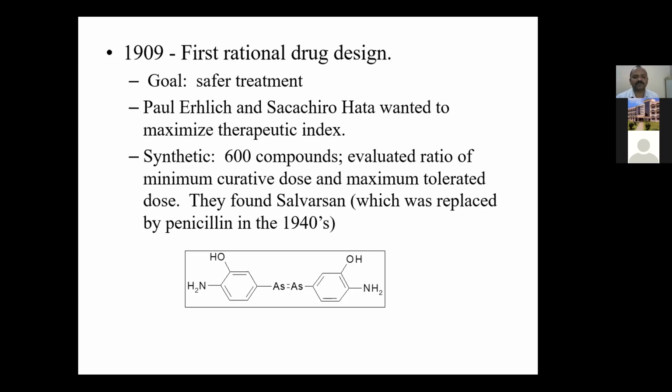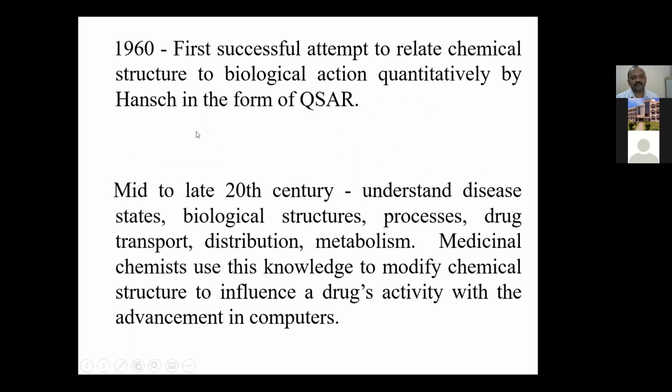Okay. So, in this context, in the 1960s, that means from the early 20th century to the late 20th century, the first successful attempt to relate the chemical structure to the biological action was done quantitatively by Hansch in the form of QSAR, quantitative structure activity relationships.